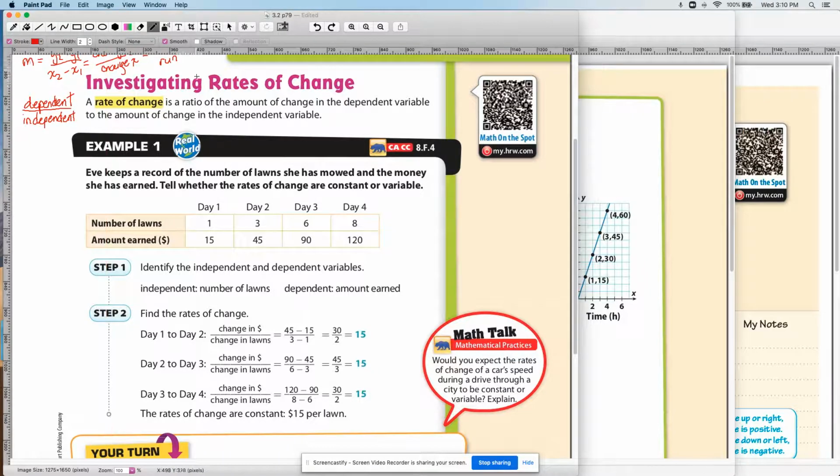The other thing we need to talk about a little bit is we need to define dependent and independent. A lot of times we get this confused, so I want to talk to you about what is dependent compared to what is independent. Someone or something that is dependent depends on something else to function. So you, as 8th grade students, are dependents.